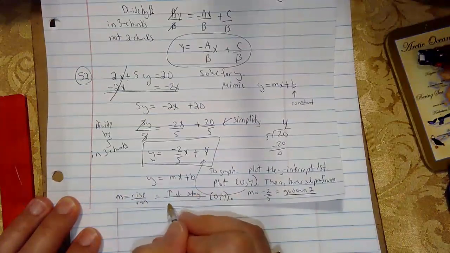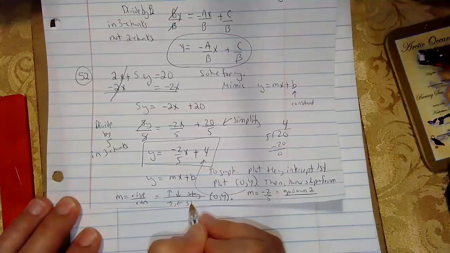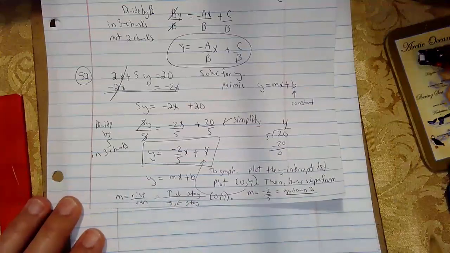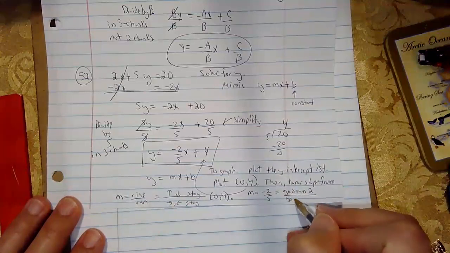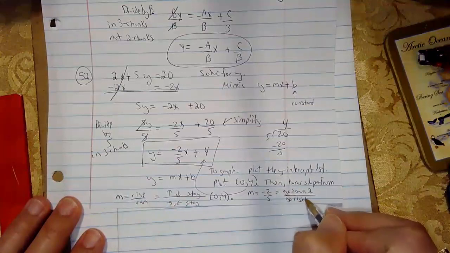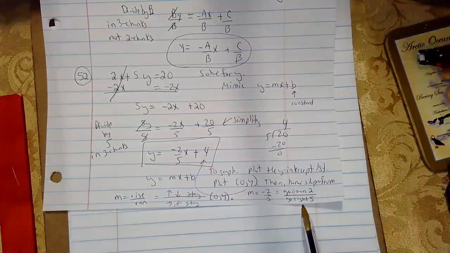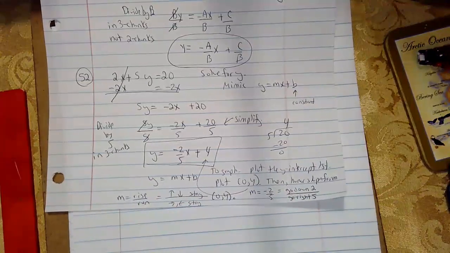And on the run, sometimes you have to go right, sometimes you have to go left, or sometimes you have to stay. So it just depends on their signs, but it's rise over run. So here on the 5, you have to go right 5. So you go down 2 and right 5 from (0, 4), if they were asking to graph it.